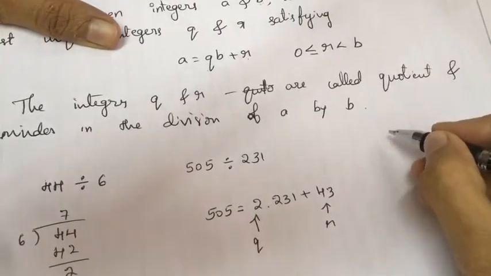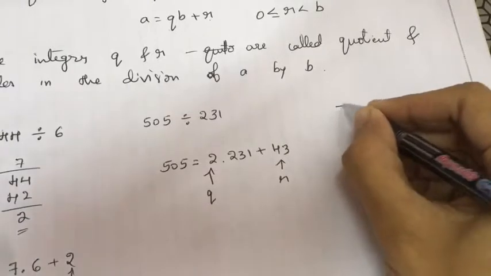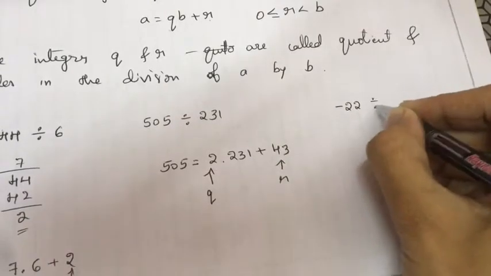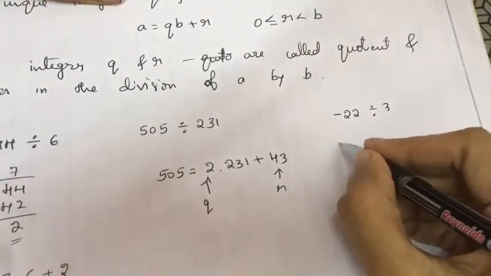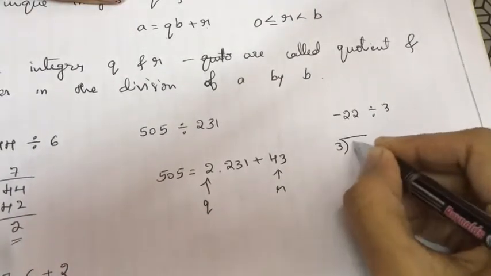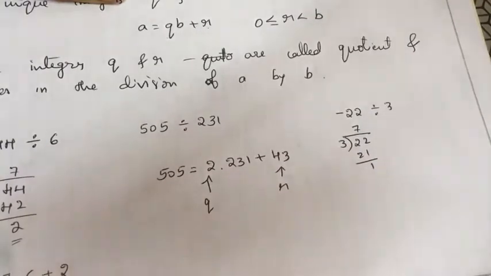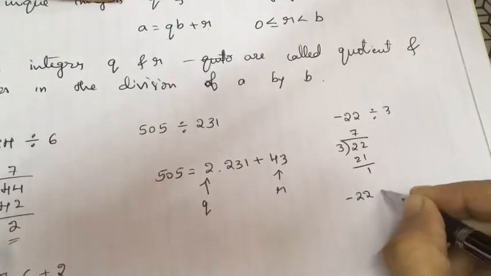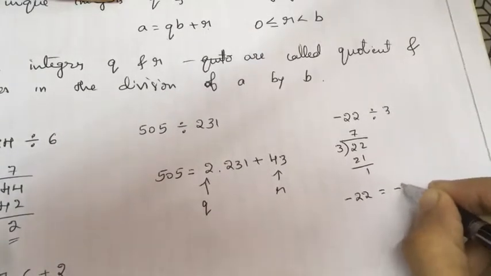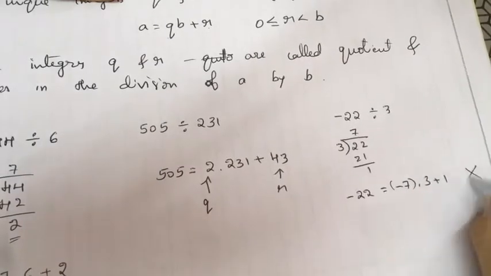Suppose I have a negative number, say minus 22 divided by 3. If you take only the positive part, 7 3s are 21, you get the remainder 1. If you write minus 22 is equal to minus 7 into 3 plus 1, then this is wrong.